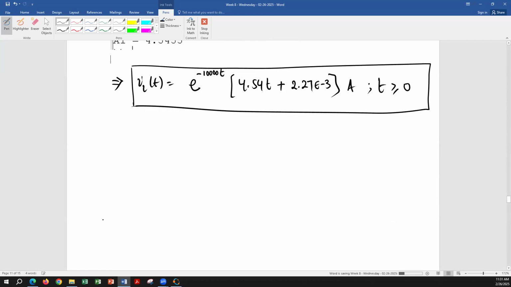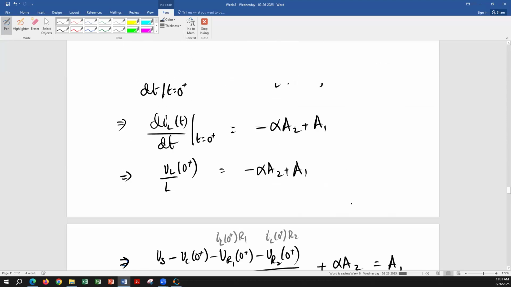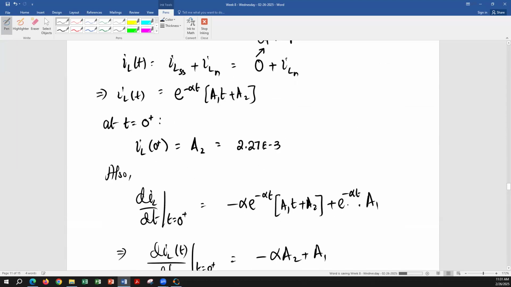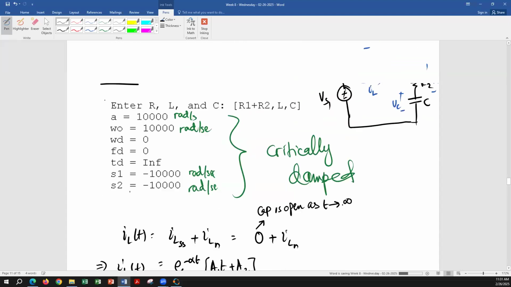And since we don't have time to do that, who is going to tell me VC(t)? How are you going to find the capacitor voltage expression from the circuit? The circuit is right there.